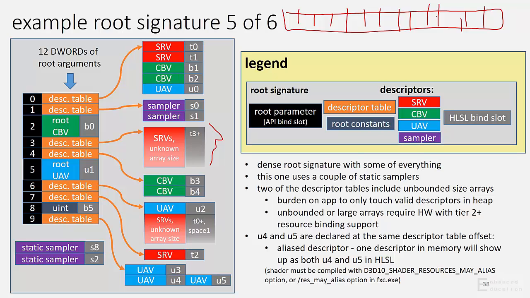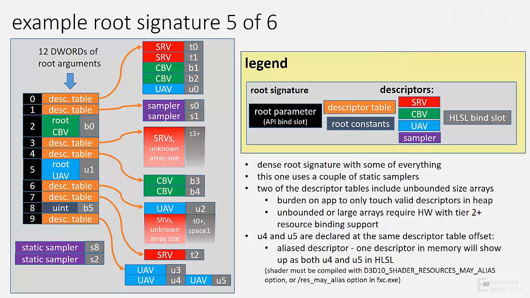What the hardware will do is, when you set a descriptor table pointer to some location in a descriptor heap, within the shader you might index into this unknown size array, and all the hardware has to do is offset the pointer and dereference whatever memory you arrive at. The only burden on you as a developer is to make sure that at execution time, whatever location in the descriptor heap you reference has already been initialized with a compatible type of descriptor.